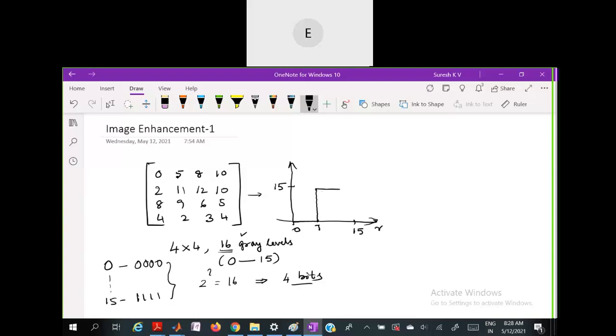The x-axis is R, the input gray level value, and the y-axis is the output, normally designated as S, the operated value. So this is some T of R, and the output will be 15. Now, can somebody give me the answer we'll get here if I do this operation? Simple.